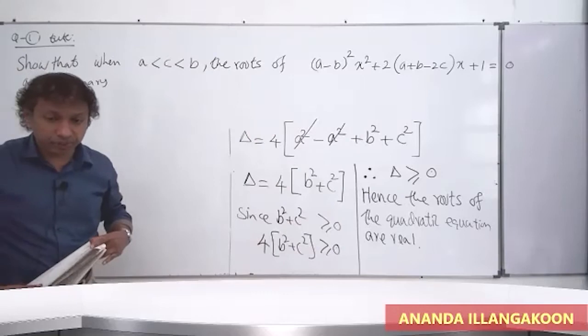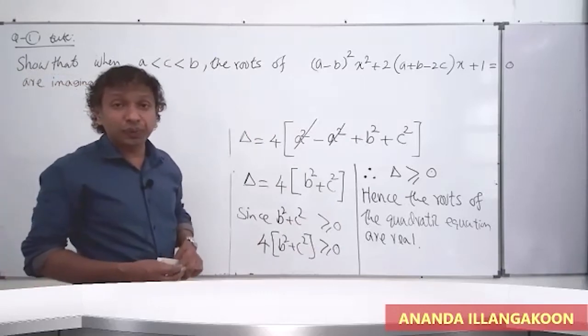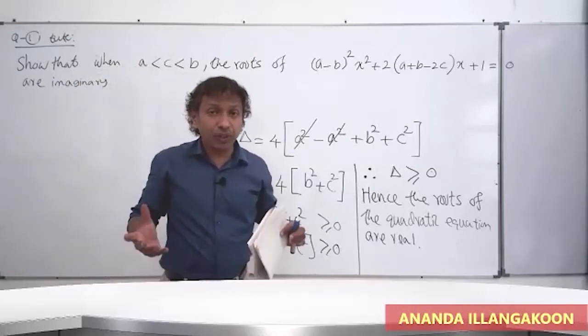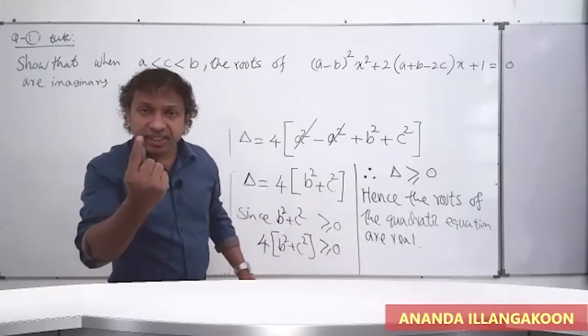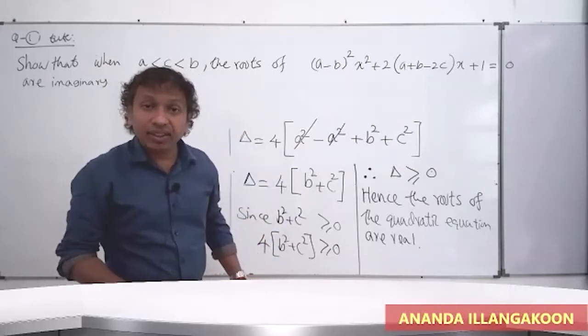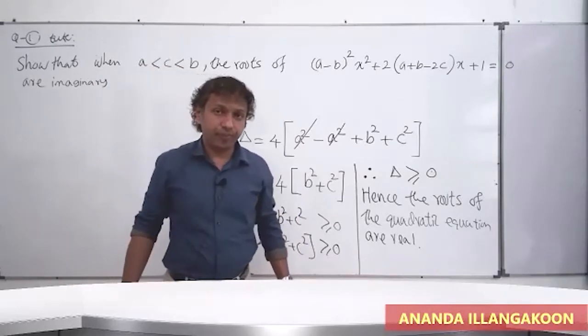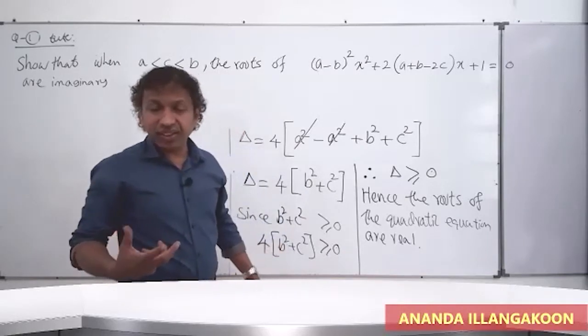When we try to explain the nature of the roots of a quadratic equation, the key thing we have to use is the discriminant of the relevant quadratic equation. By its sign we say the nature of the roots.